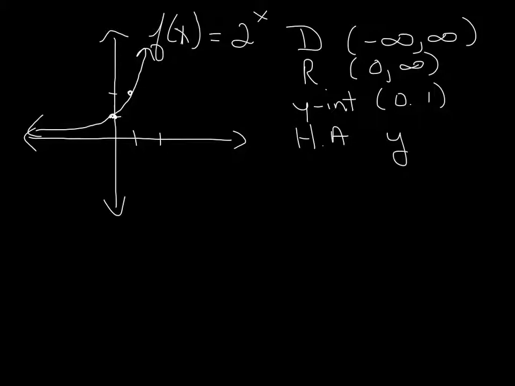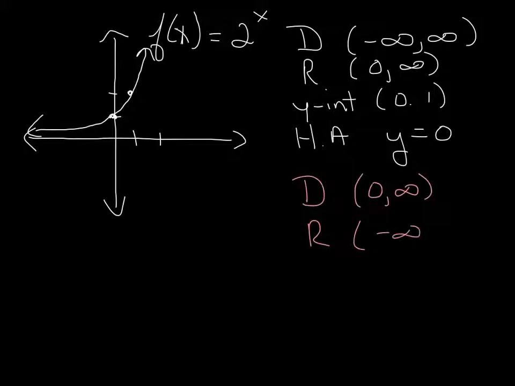All right, so if we have inverse functions, the domain and the range change places, don't they? So for an inverse function, what would our domain be? 0 to infinity. The domain and the range switch places.